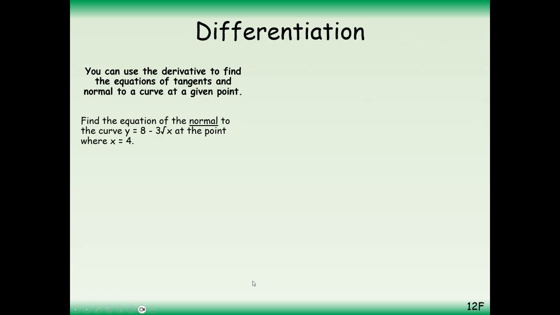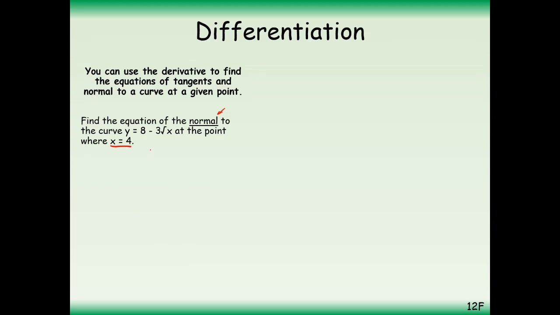So in this next example, we've been told to find the equation of the normal. Exam questions don't underline anything for you, but we're just concerned with the normal, and just to point out that this means the perpendicular to the tangent at point x equals 4.